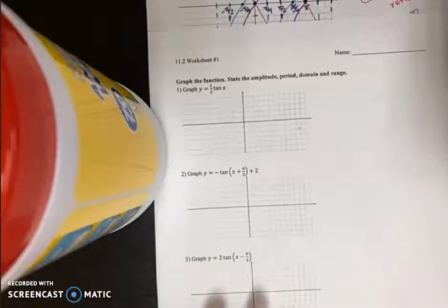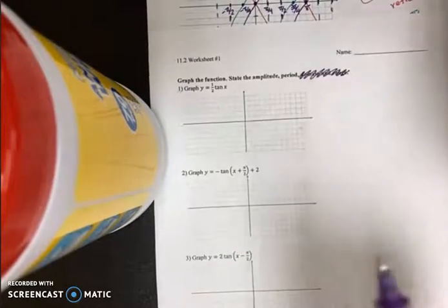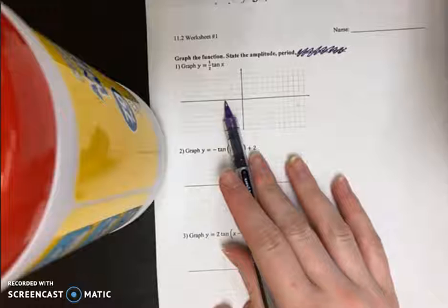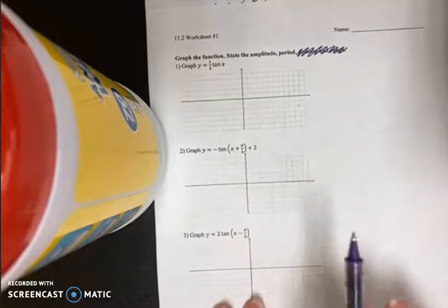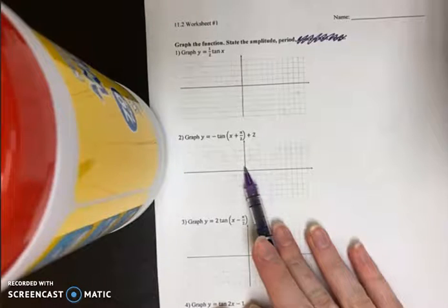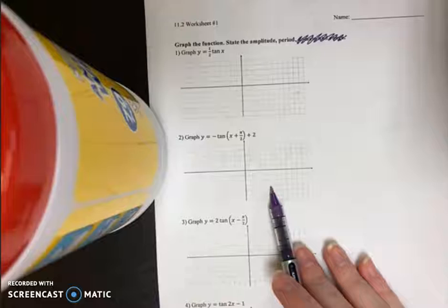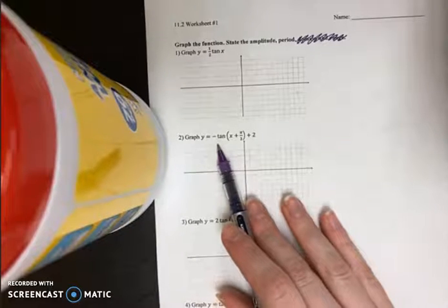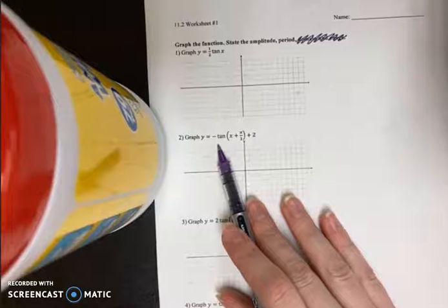On the homework, I want you to cross off in the directions where it says domain and range. Number 1, you're graphing it without any transformations because there's no h and k. Number 2, I just want to remind you, once you graph tangent without any transformations, I then recommend you do the reflection, so do that in a different color, and after the reflection, move it left, right, up, or down, just like what we did with sine and cosine.